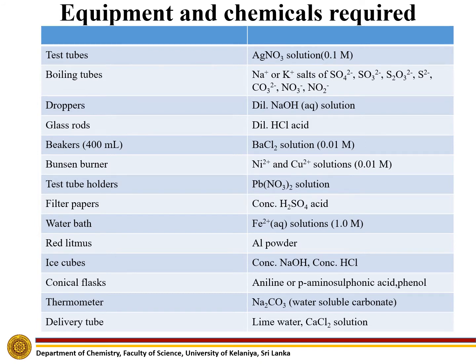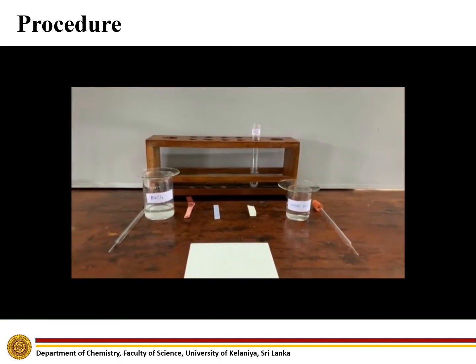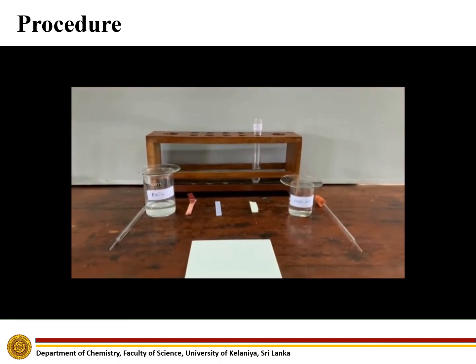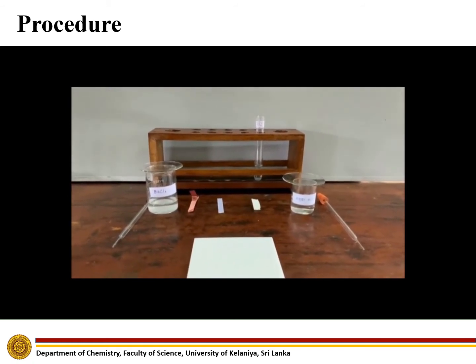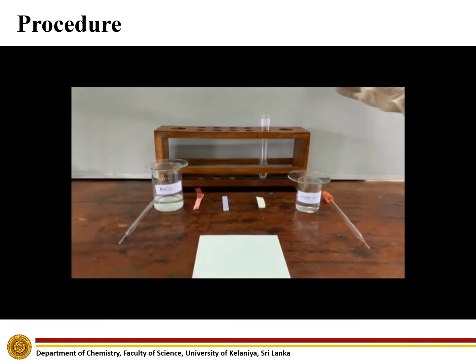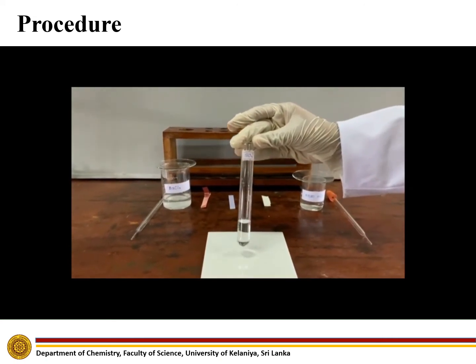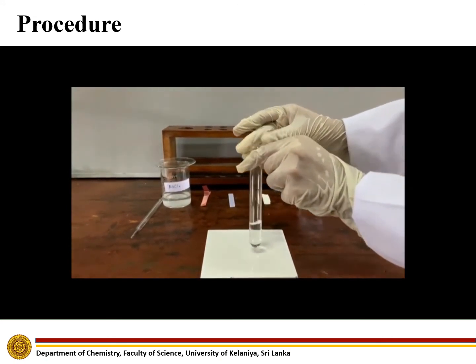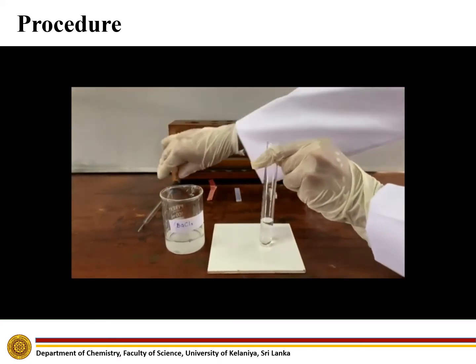Equipment and chemicals required for this experiment. Procedure. You have been provided a sulfate solution. Add a few drops of barium chloride solution to it.